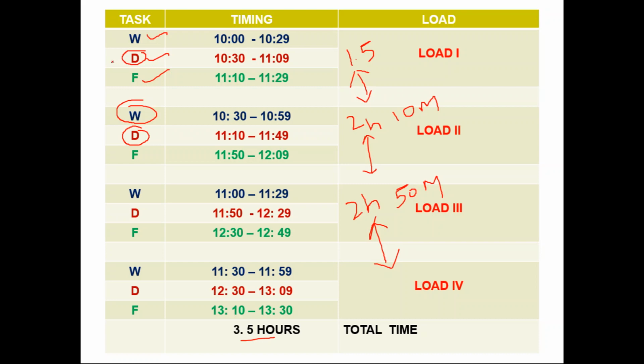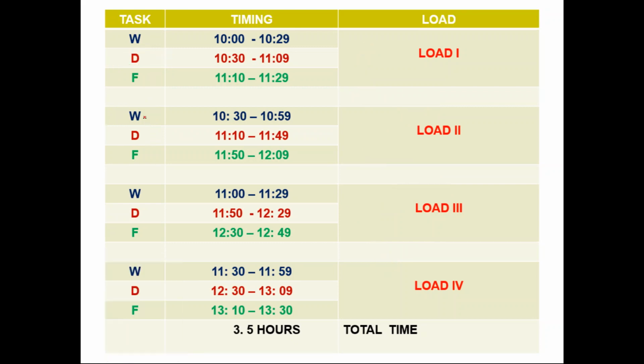When the first load is in the dryer, the second load is also washing. When the first load is in fold, if you see, that is 11:10. During this time the second load is in the dryer. 11:10 it started.